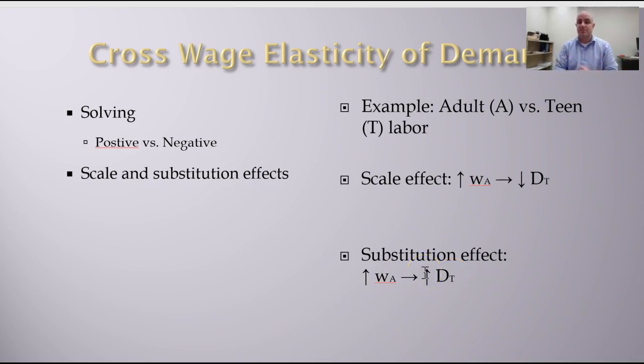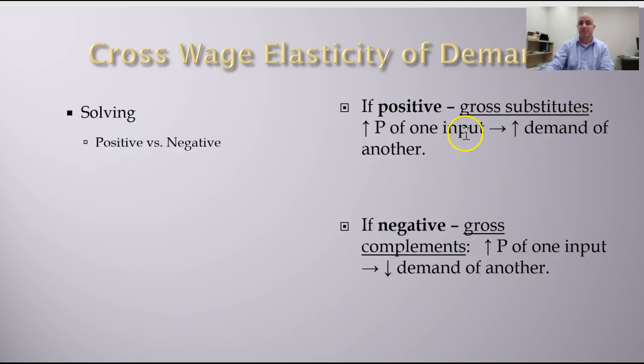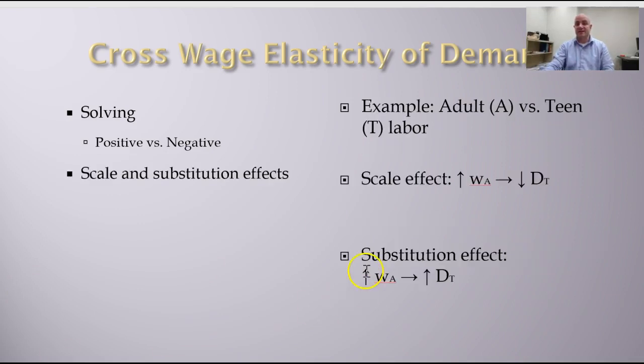Which effect is bigger is what's going to cause the gross complements or gross substitutes. If the price of one input goes up and the demand of the other goes up, in that case the increase in demand from the substitution effect is more powerful than the decrease in demand from the scale effect.